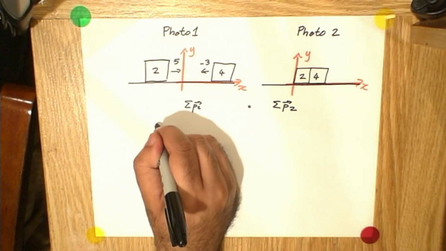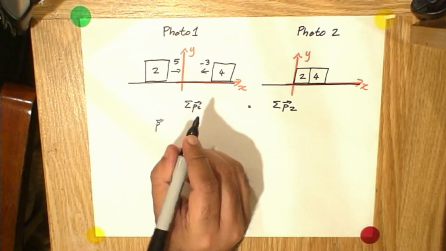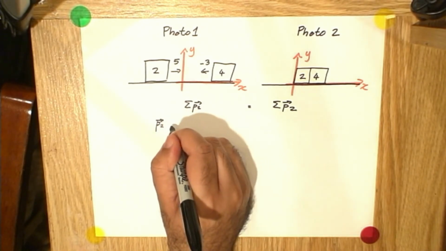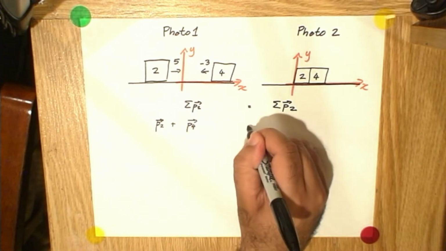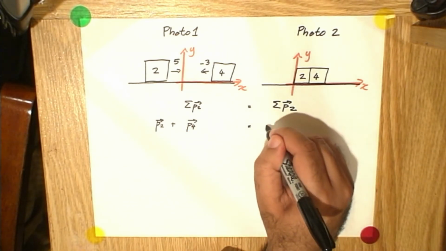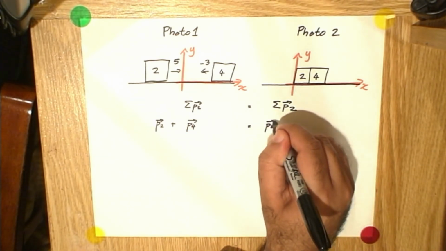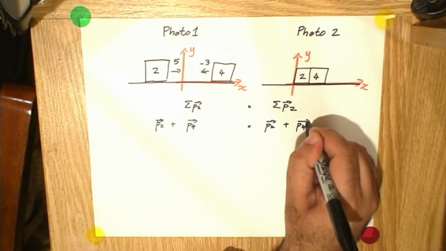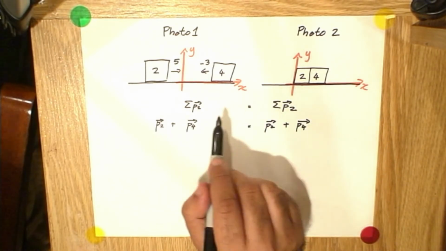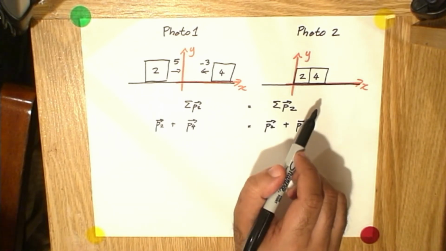The total momentum is going to be the momentum of the 2 kilogram object plus the momentum of the 4 kilogram object. And all of that's equal to the momentum of the 2 kilogram object after plus the momentum of the 4 kilogram object after. I realize that the subscripts can be a little bit confusing.